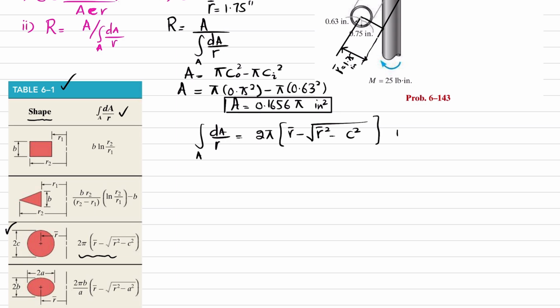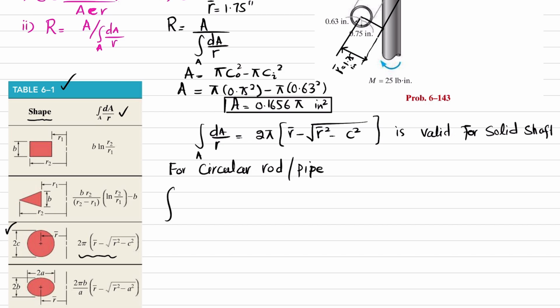But this formula is valid for a solid shaft or solid cylinder. Clear? For a circular rod or pipe, this formula will become the integral of dA over r for the entire area equal to 2 pi times (r dash minus square root of r dash squared minus c outer squared).